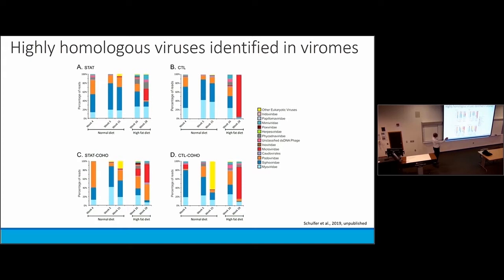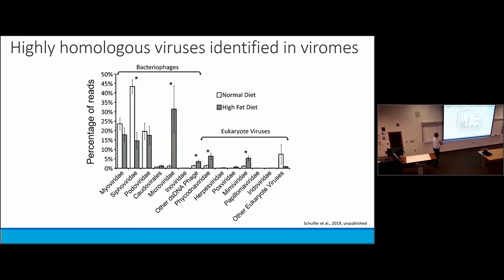But the second we switch them to those high-fat diets, you can start to see changes emerge in the virome. And by week 28, these viromes are completely different than they started out. The big difference really are these microviruses. So again, these are single-stranded phages which seem to bloom when we put these mice on high-fat diets.